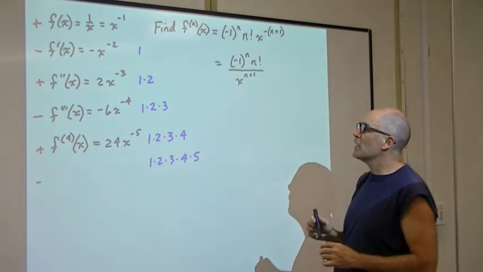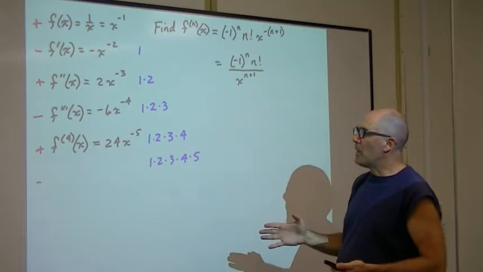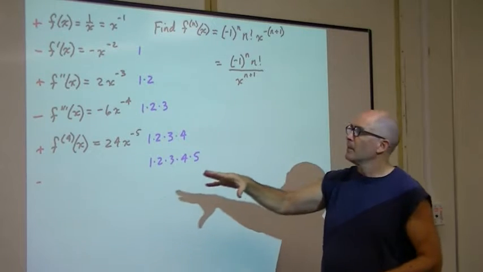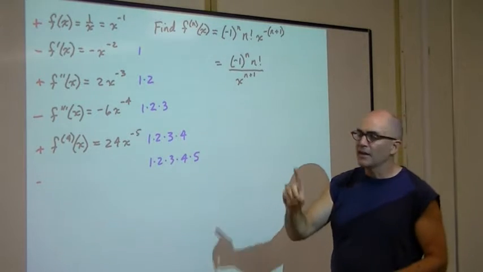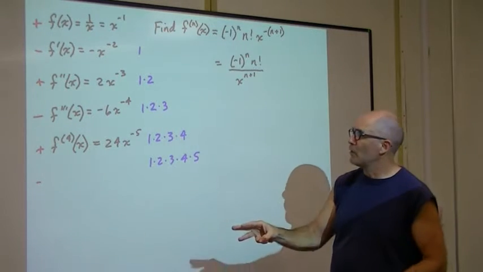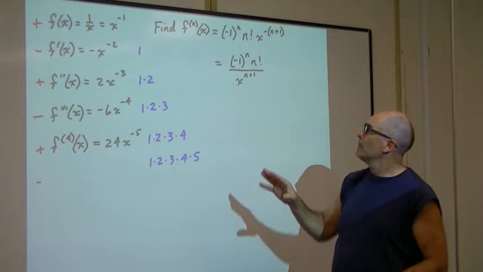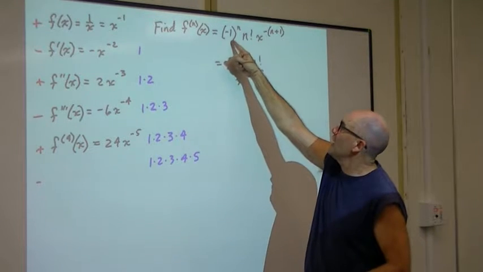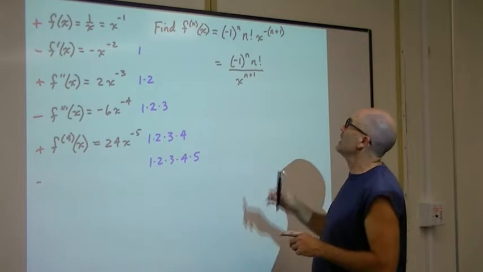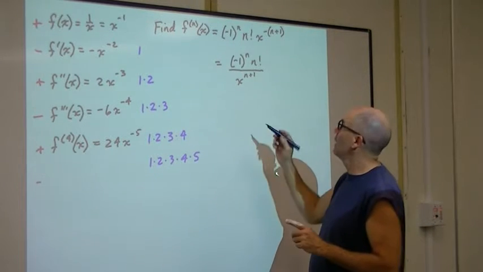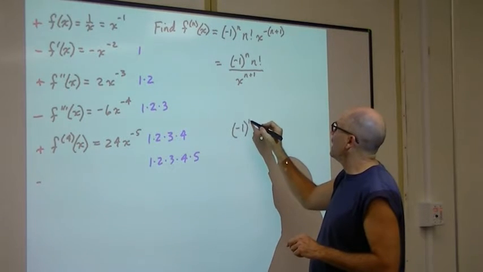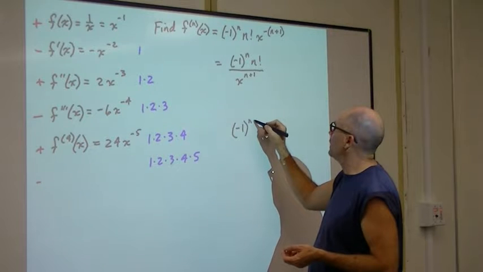So the challenge here is just looking at the patterns and examining it as a sequence. And so we look for the sign first, then the coefficient second, and then the x value third. And notice whenever we want alternating signs, it's always going to be (-1)^n. Now, if I wanted the first term to be positive, though, then I would go (-1)^(n-1), or n plus 1.